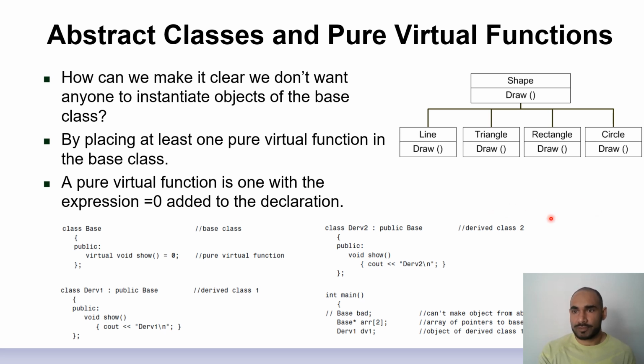You can see that the other derived classes are happy to extend this base class, and they are supposed to implement this show method here. That's one of the requirements: if some class is extending an abstract class, it is supposed to implement those methods.